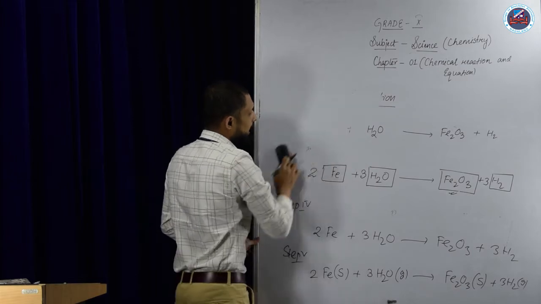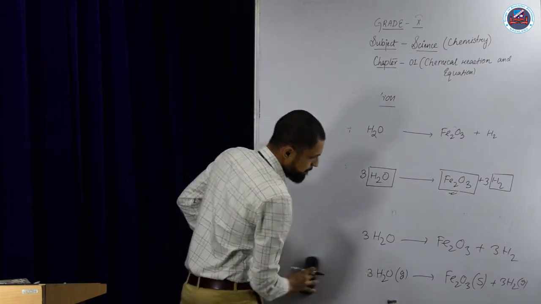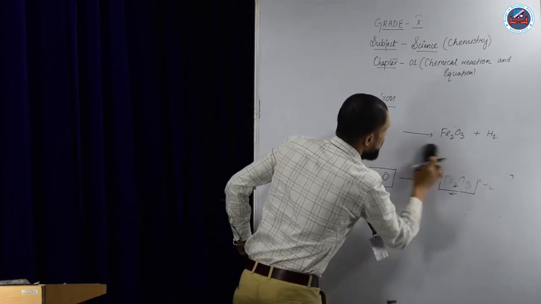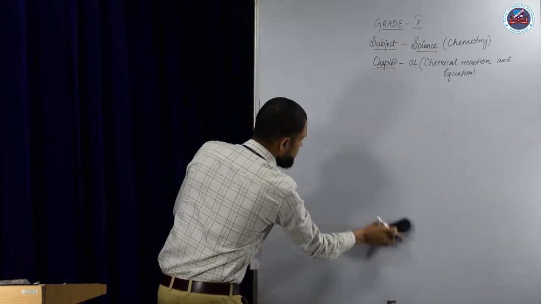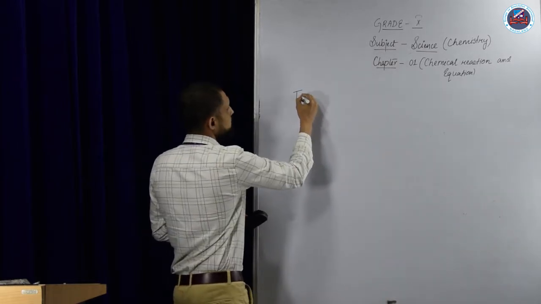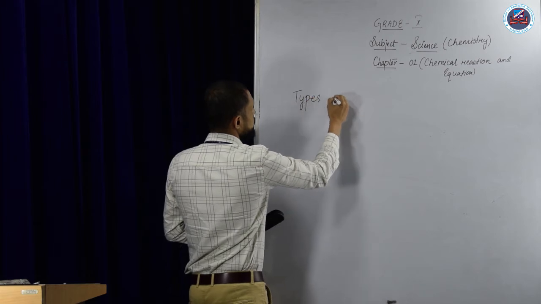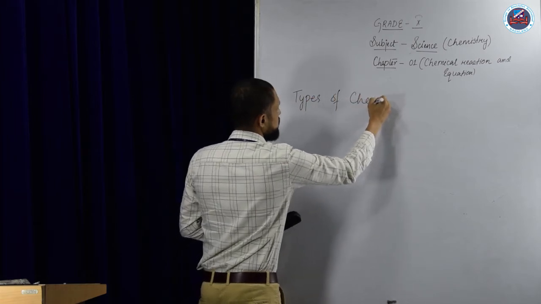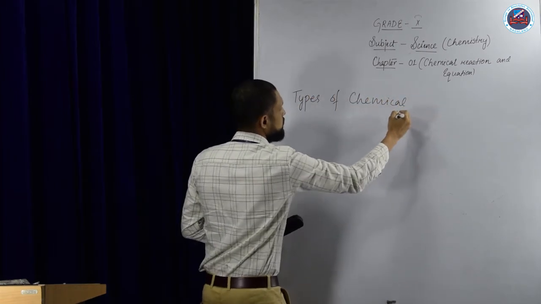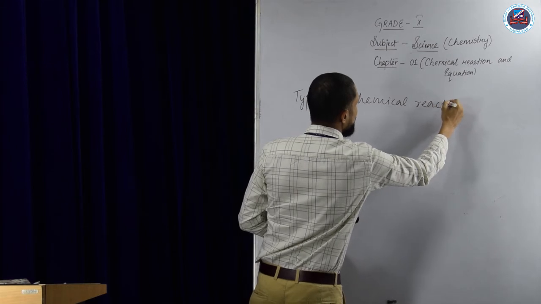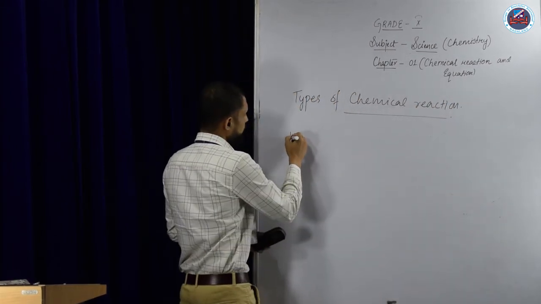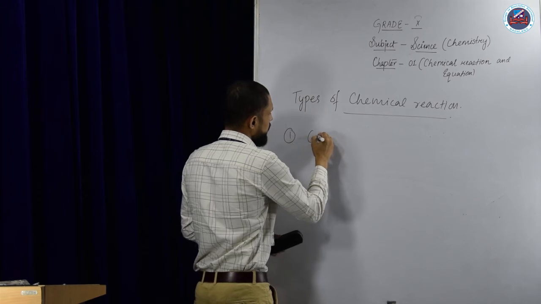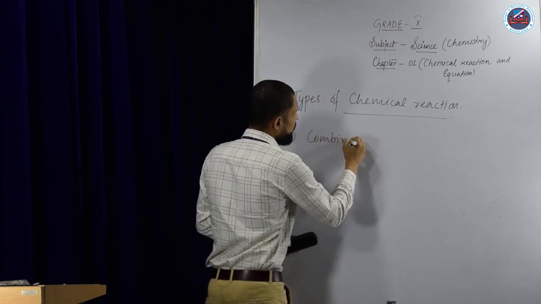Now let us go to the next topic, which is types of chemical reaction. So the first chemical reaction is known as combination reaction.